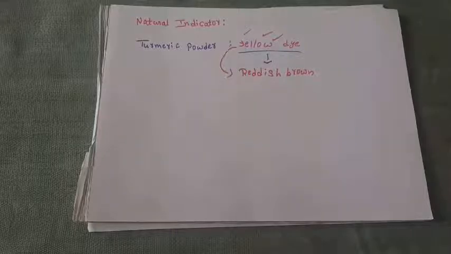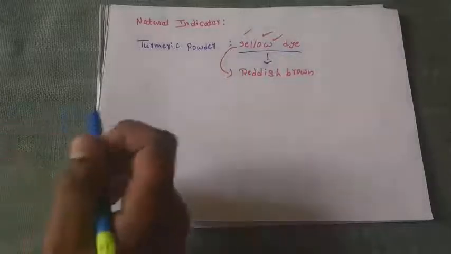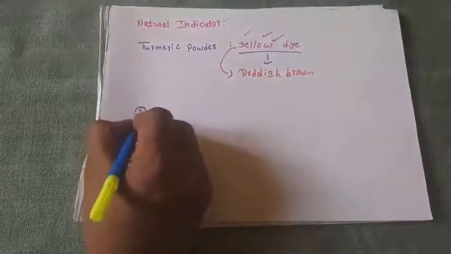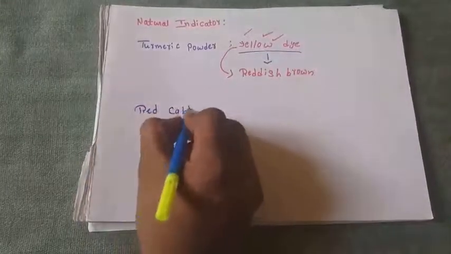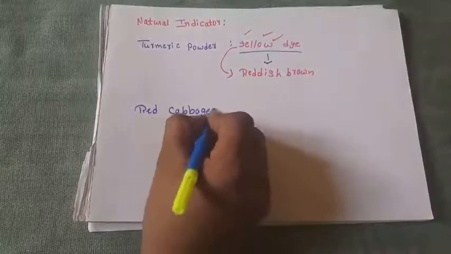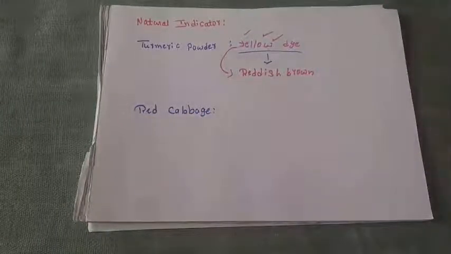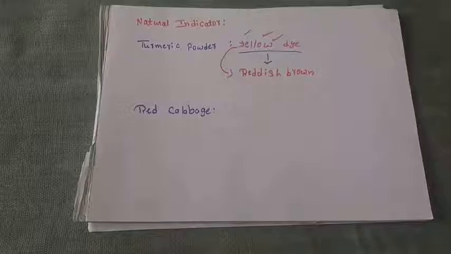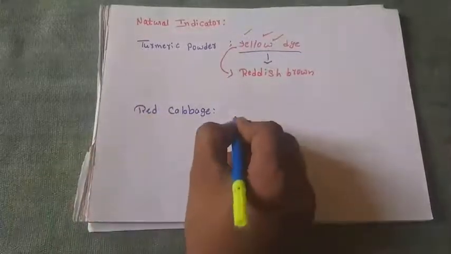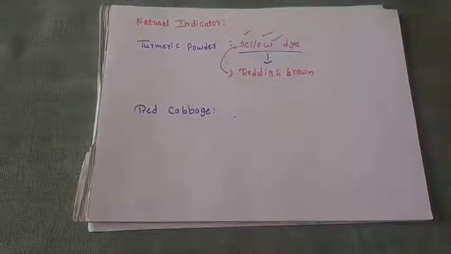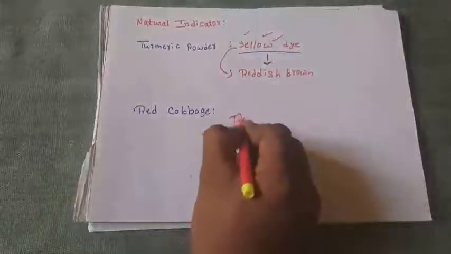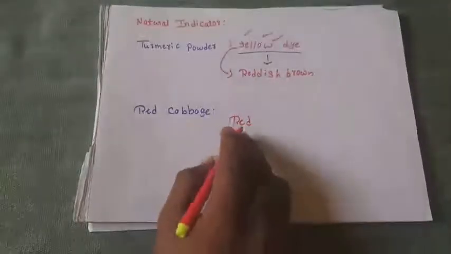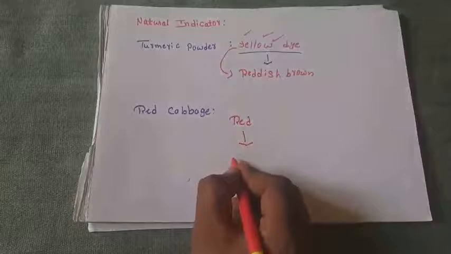There is another natural indicator, that is nothing but red cabbage. Red cabbage is also a natural indicator. In acidic medium the red cabbage is present as red, but when you add a base to this, it turns to green.